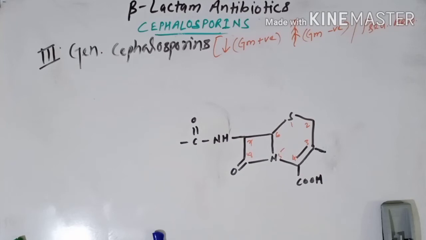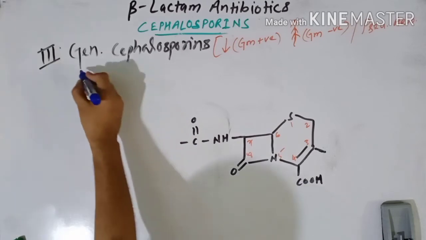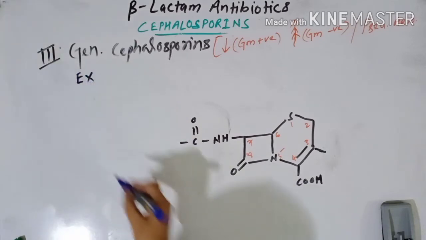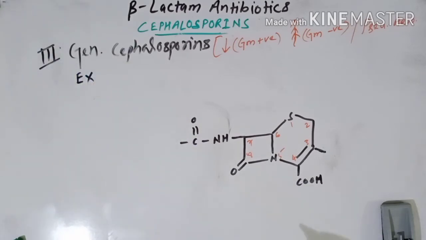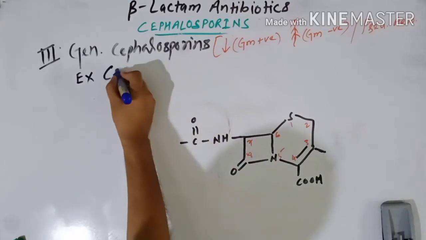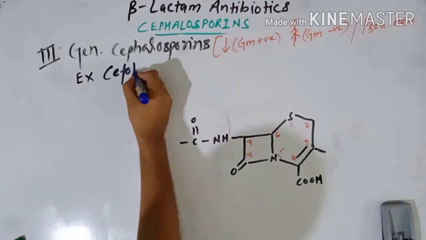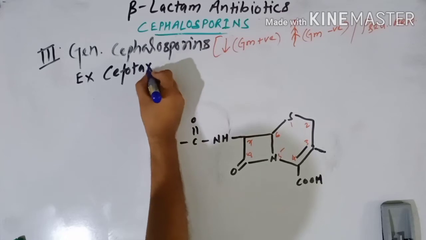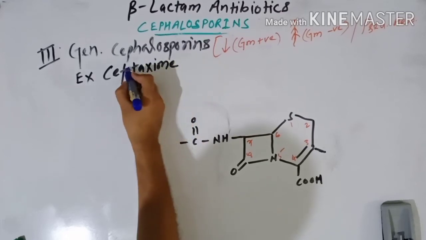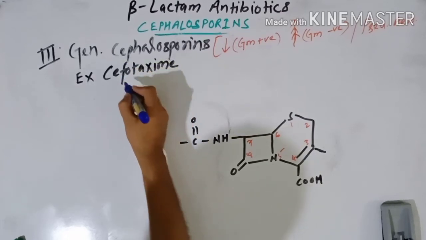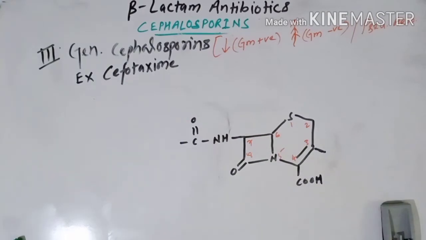The first cephalosporin which comes under this third generation cephalosporin is, for example, cefotaxime. You have heard the name of this antibiotic, cefotaxime. Very famous and very useful nowadays. So what is the structure of this cefotaxime?